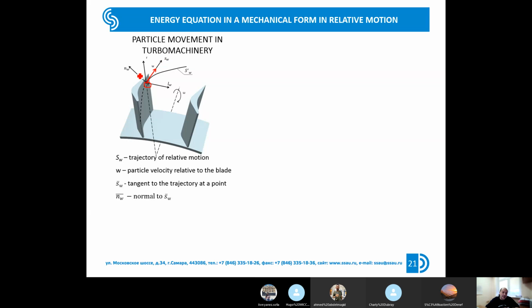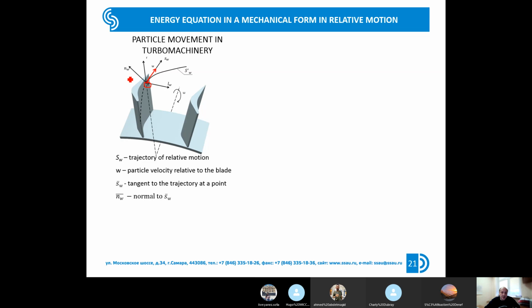The second axis will be normal to the first one, and it will have the name nw. And the last axis will be normal to the previous two, it will be sw, normal to lw and nw.